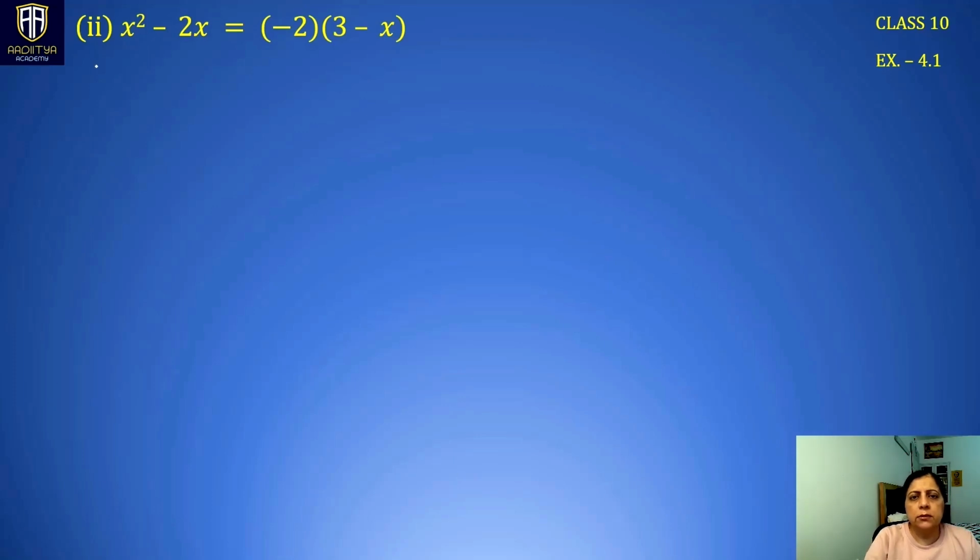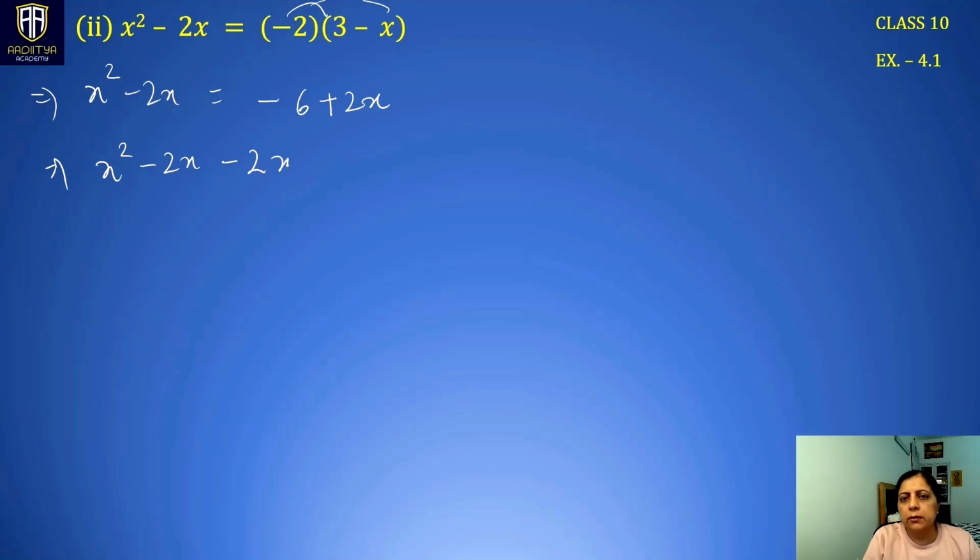Now in this second question we have x square minus 2x. When we open the RHS, it becomes negative 6 plus 2x. So we have x square minus 2x. We bring all the terms to left hand side, so it becomes negative 2x positive 6 is equal to 0.